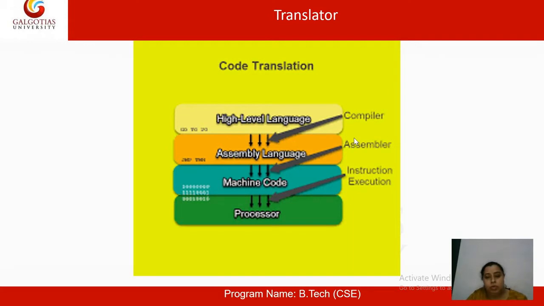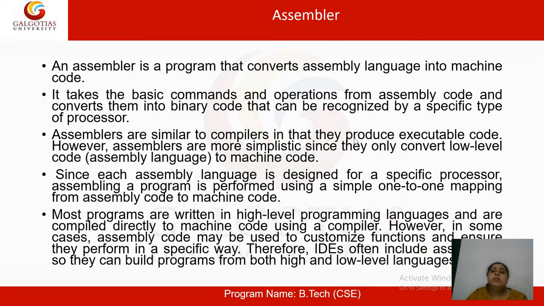And the processor will execute it. Now, not only the compiler, but the interpreter also converts a high level language to an assembly level language. This is a normal flow, or this is a normal way we translate a code.